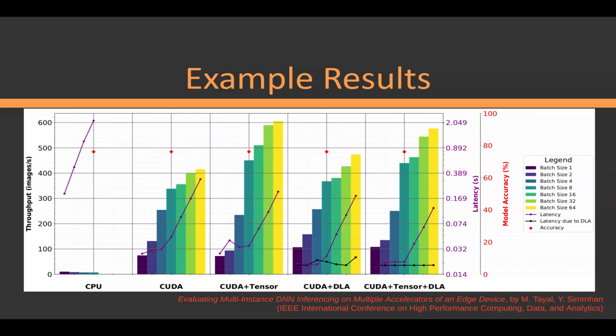But if you're not looking for a very big batch size, let's say you are only interested in inferencing at batch size 1, 2, 4, something of that order, and you are good with that, in those cases, it doesn't really make sense to use just CUDA cores or a CUDA plus tensor combination.